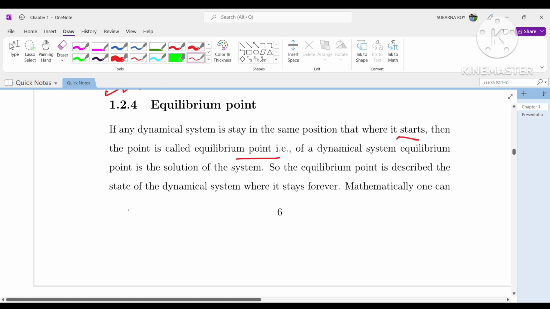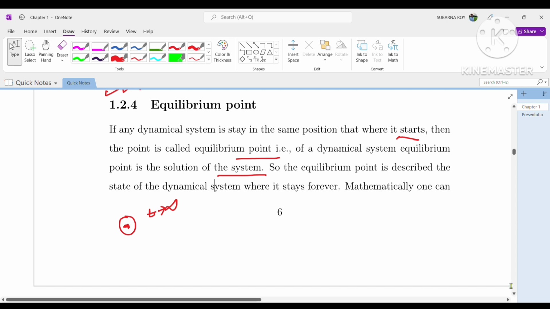So if a system starts from here, and as time t tends to infinity the system stays at that point, then this point is called an equilibrium point. That is, for a dynamical system, the equilibrium point is the solution of the system. The equilibrium point describes the state of the dynamical system where it stays forever.